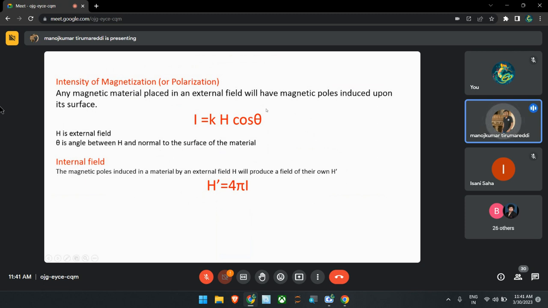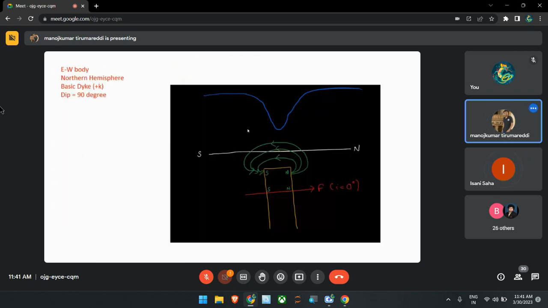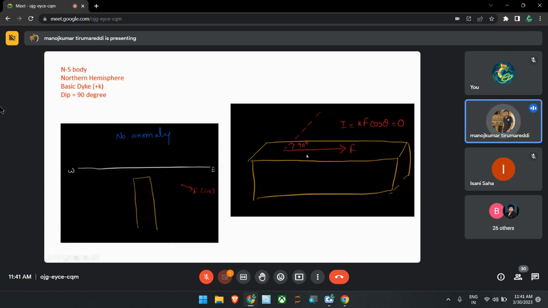Here we are taking the angle between the normal and the applied field, so it is cos theta. If you take the angle with the body itself, it is sine theta, right? Here the body is north-south and the field is also north-south, so the angle is 0. So k f sine 0 is equal to 0. Otherwise, if you take the angle as normal to the body, then cos theta will be 0. Okay, sir.